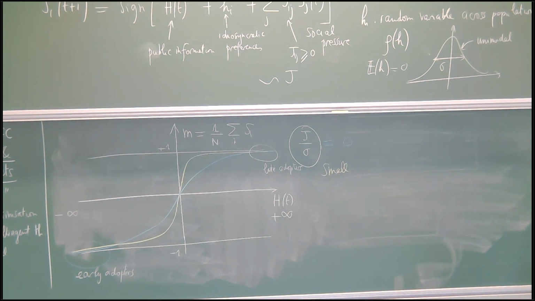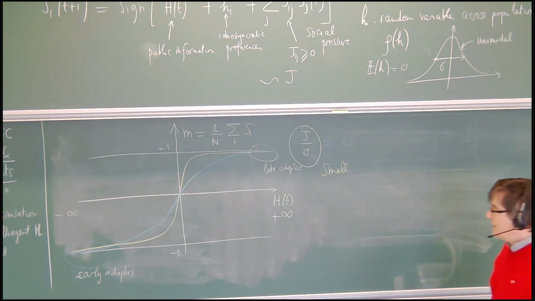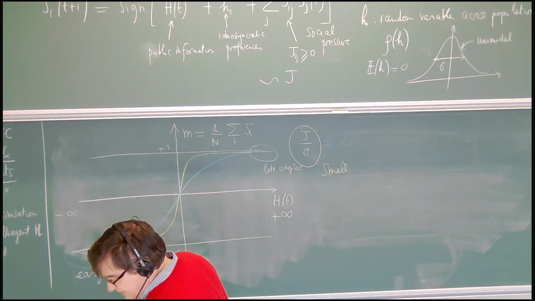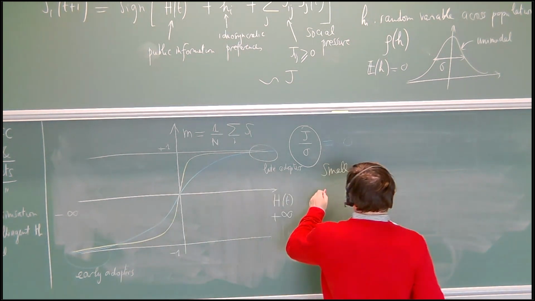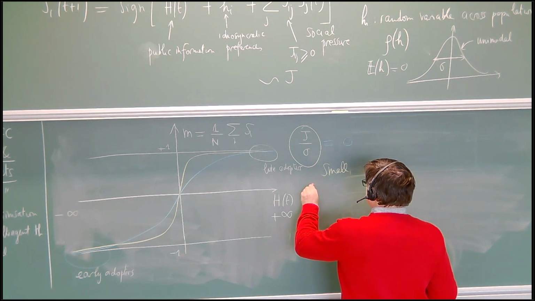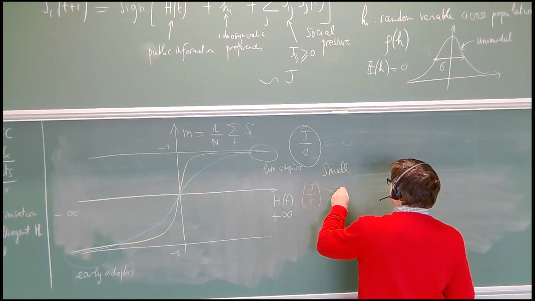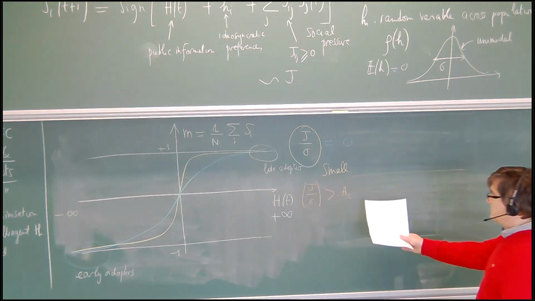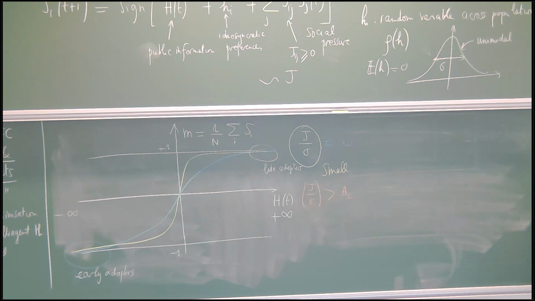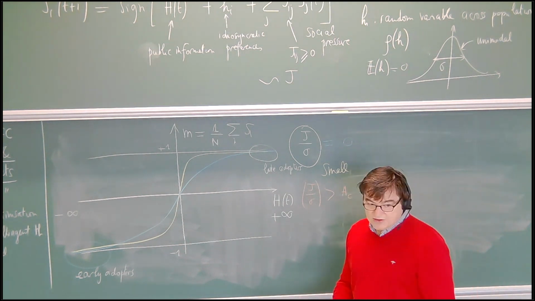So there was a real social pressure that prevented cell phones from invading the market more rapidly. And then finally, if J over sigma is large, which means J over sigma larger than some critical value, which I'm going to call AC, and we'll see how this critical value is determined, then you get a completely different curve.